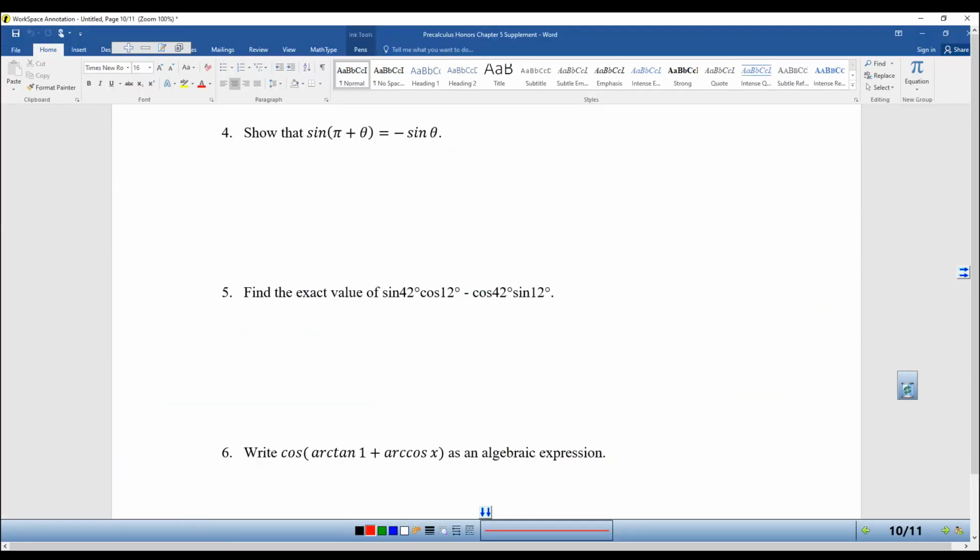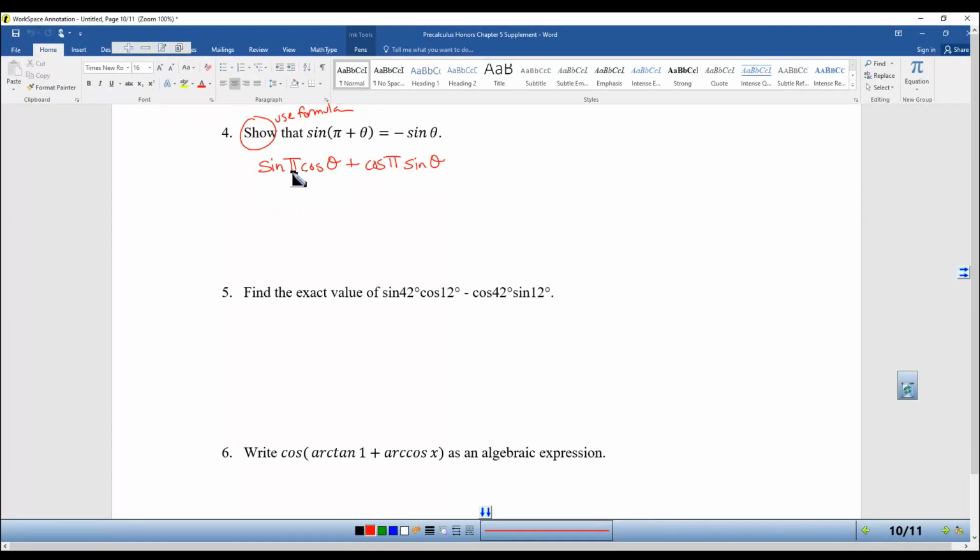All right. Next, we're going to do a little proof. This is like solving an identity, but they're really nice in this section because when it says show, they really just mean use the formula. So these are going to be your favorite kind of proofs to do. So sine of pi cosine theta plus cosine pi sine of theta.